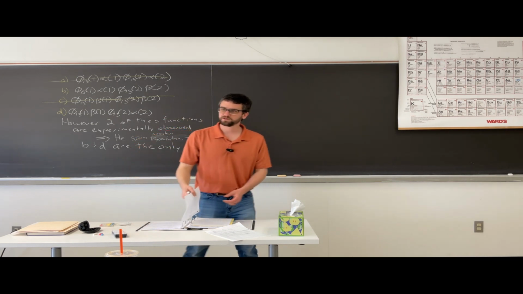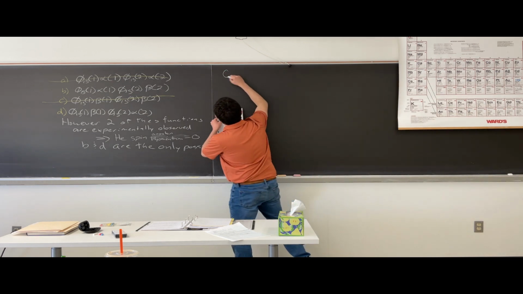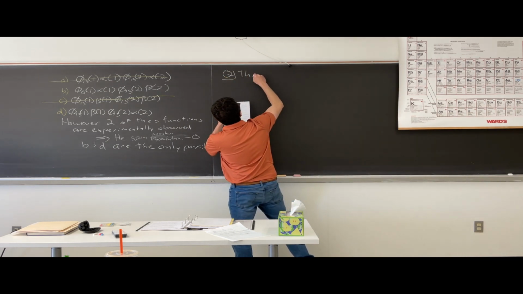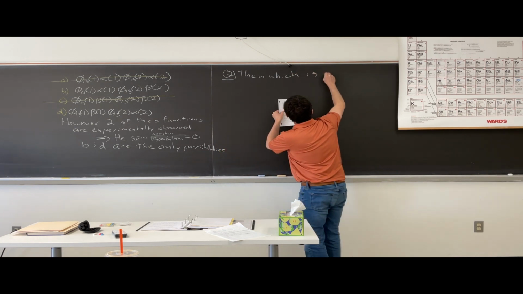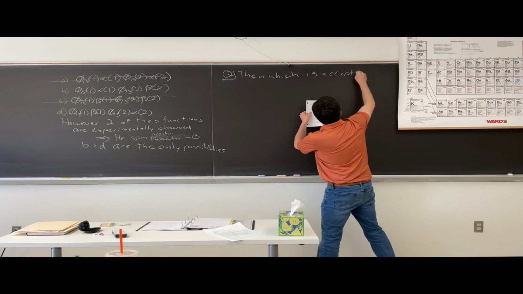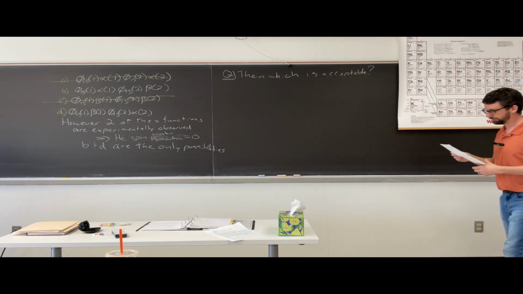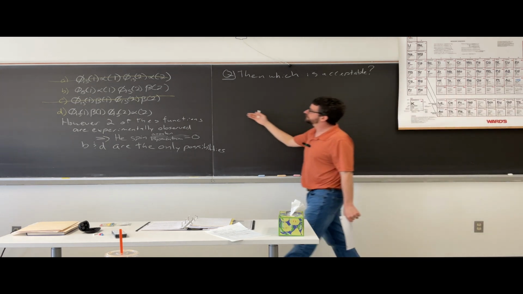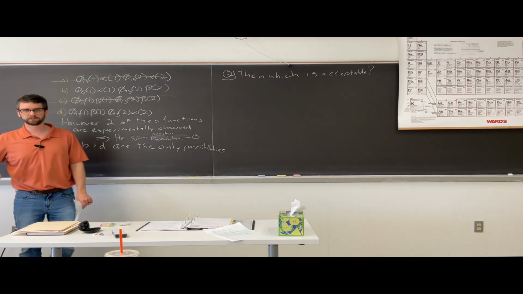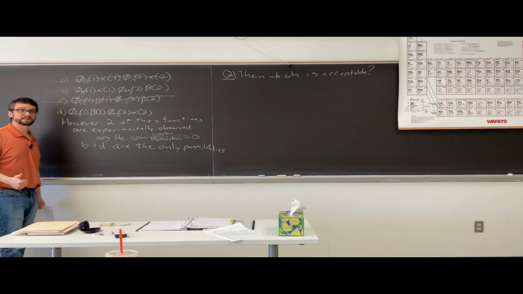Okay, so now we have two functions. Now the question becomes, which one's the right answer? If we select one of these only, what ends up happening is we know the exact spin state of the electron.